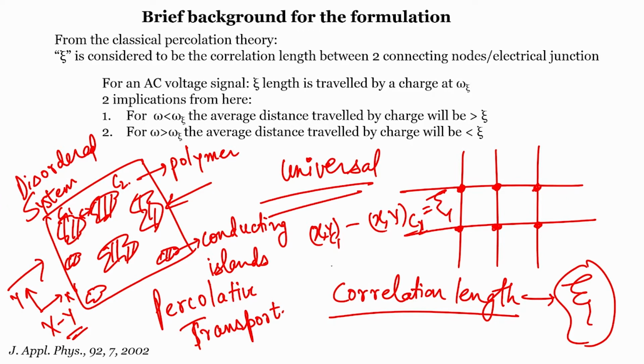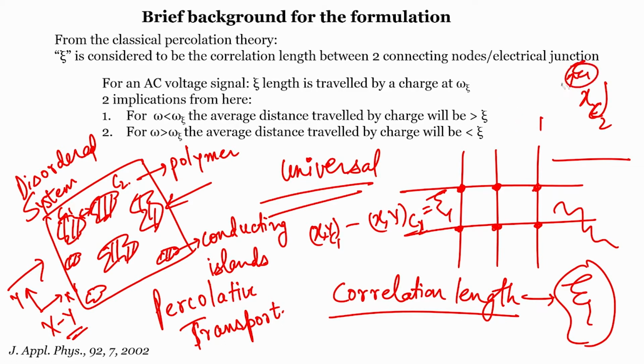But if we talk in terms of a single direction, then we can safely write x C1 minus x C2, considering that we are only talking about straight lines, we are not talking about any staggered path. So this is the shortest distance. This shortest distance is called psi or correlation length.